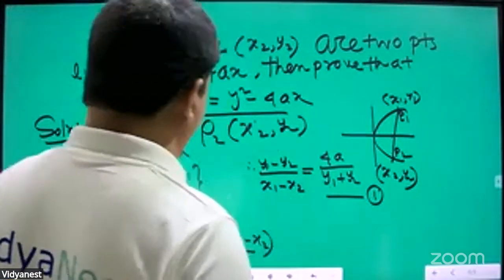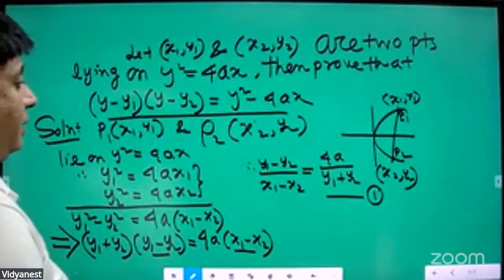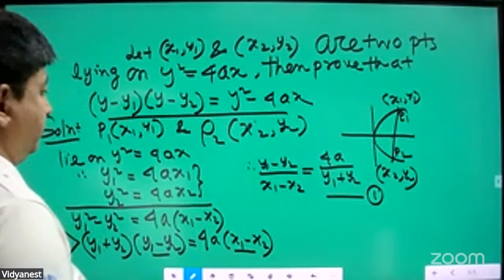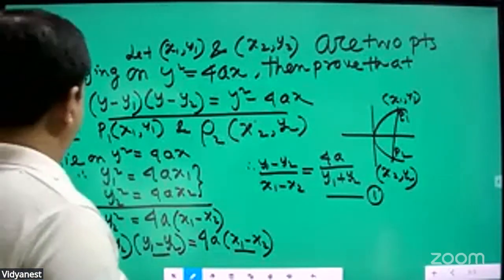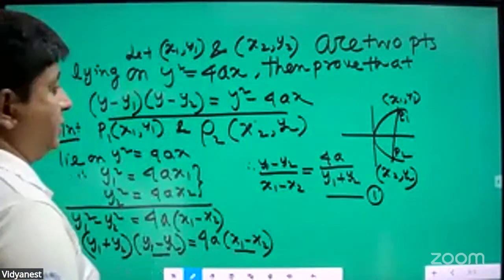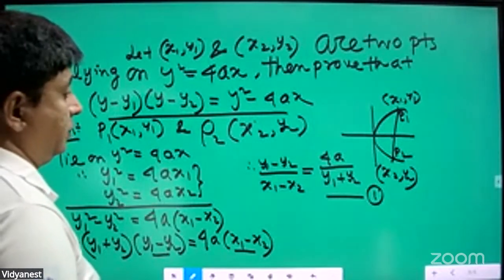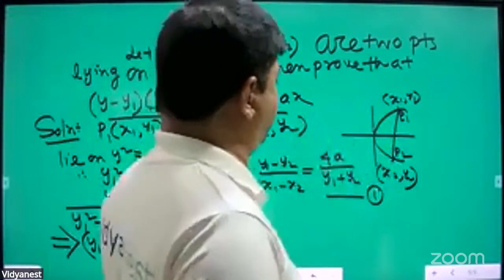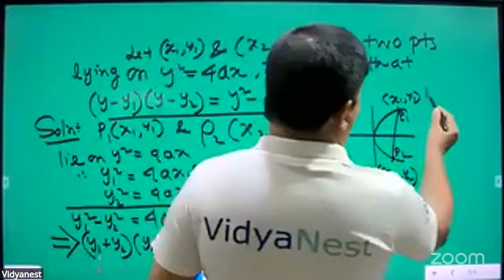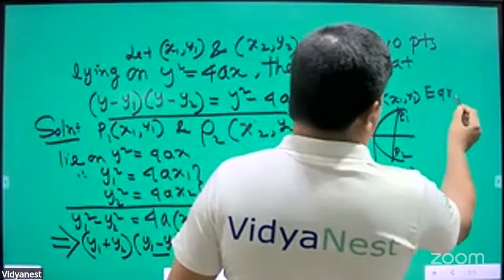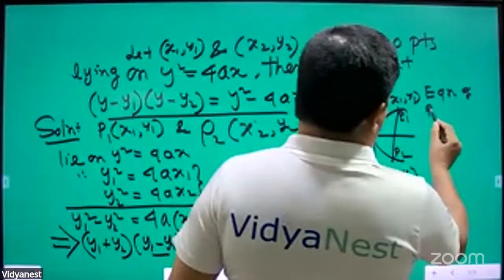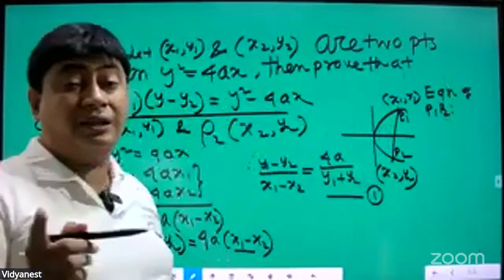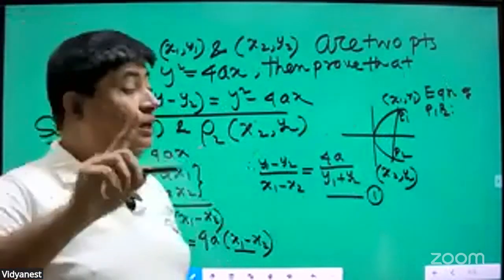Or you can do one thing: better you find the equation of the line joining these two points, P1 P2. That thing you were taught in straight line.